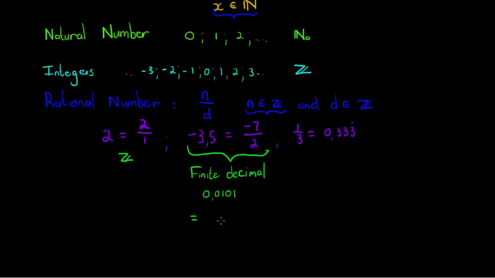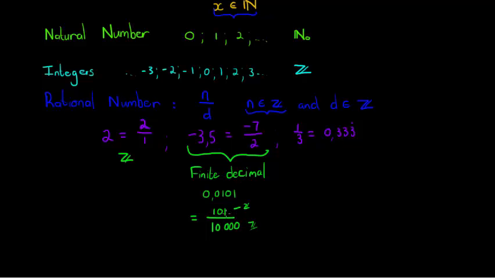Now the 00 in front is meaningless, so I'll have 101, and then I divide it by a 1 with a 0 for every decimal place, so 4 zeros, because there are 4 decimal places. If you punch 101 divided by 10,000 into your calculator, you will see it gives you 0.0101. In other words, I was able to write it as an integer divided by an integer. Brilliant.